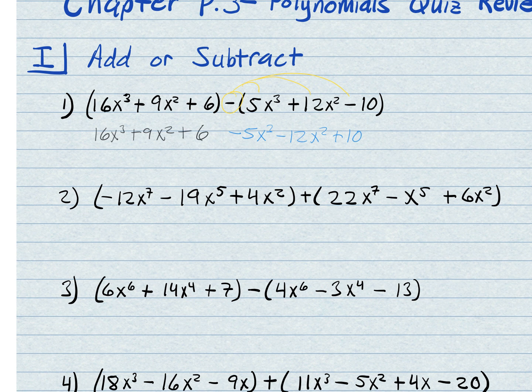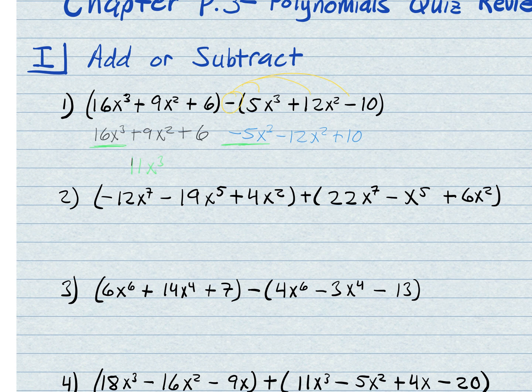And then from here we can combine like terms. Notice I have 2 terms with an x cubed: 16x cubed minus 5x cubed. When you're combining like terms, you just subtract or add the coefficients, and then you leave the exponents the same. So 16 minus 5 is going to get you 11x cubed.